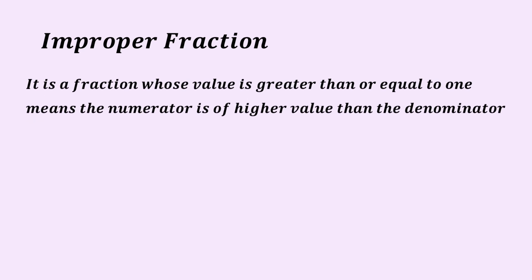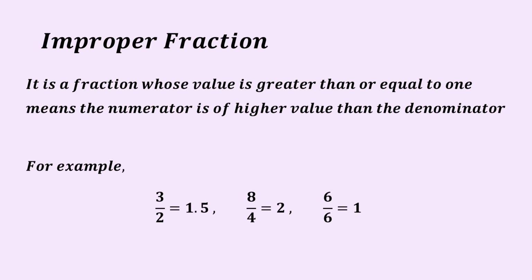Contrary to the proper fraction is the improper fraction, which will always have a value greater than or equal to 1, meaning the numerator is of higher value than the denominator, as you can see in these examples. So all the resulting values are greater than or equal to 1. So this is called the improper fraction.